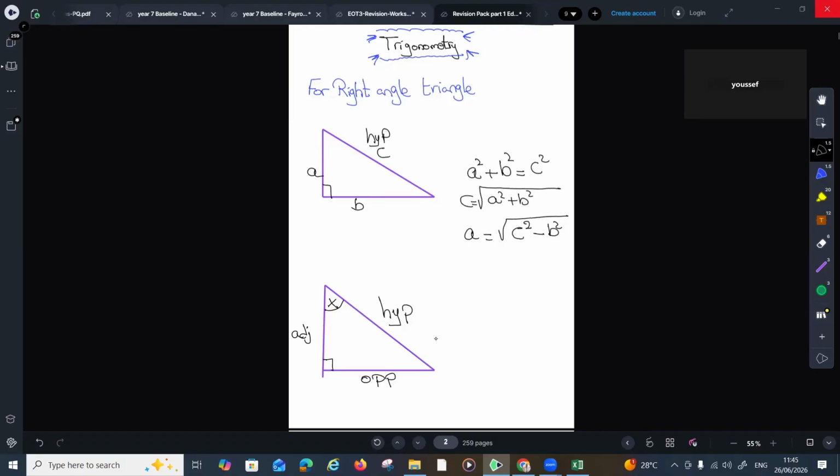So any angle has three main ratios. Sine x is opposite over hypotenuse. So if we take the first three letters, S, O, and H, that's SOH. You can remember it with a triangle.